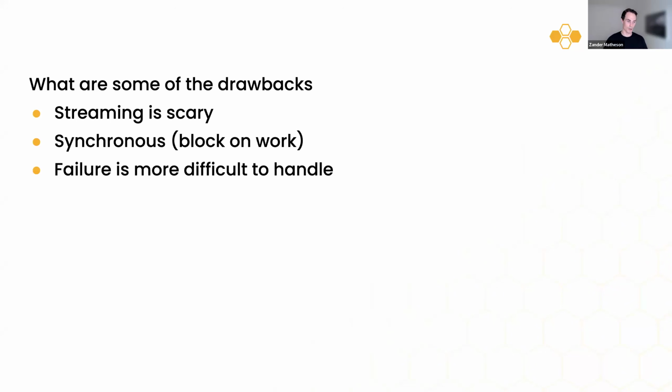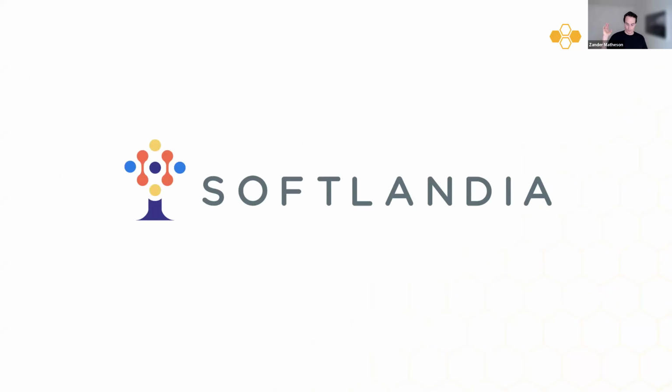Failure is generally more difficult to handle because you're maintaining state, but for every good stream processor, there's a way to recover. And so Bytewax, which is a great stream processor, obviously has a way to recover. And I'm not sure if that will be shown in this one because it kind of gets in the weeds sometimes, so we'll see.